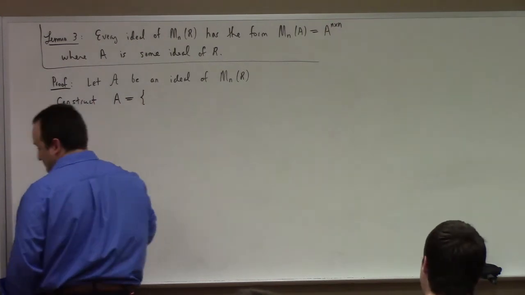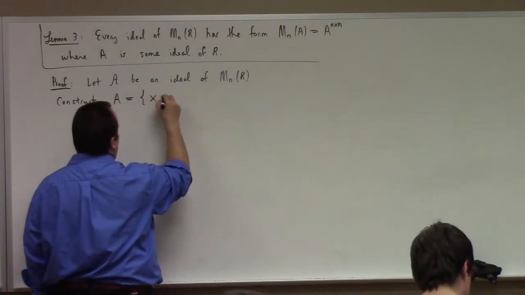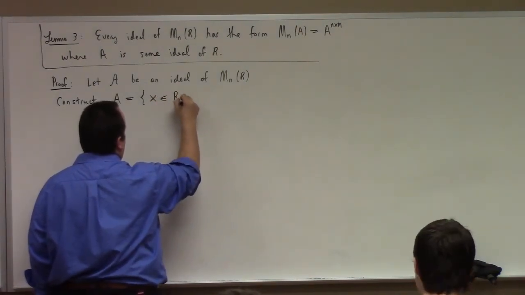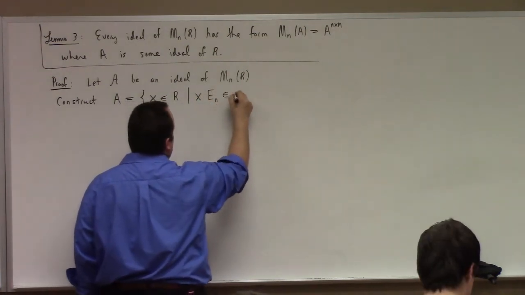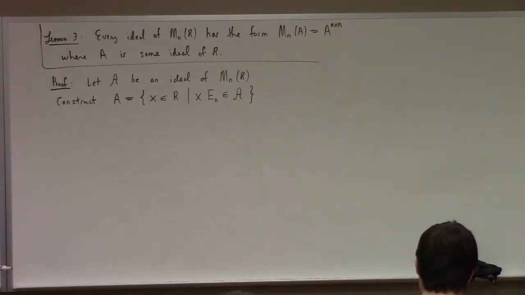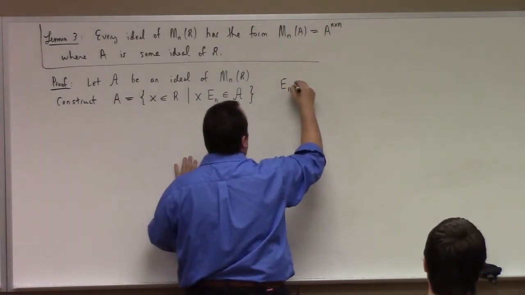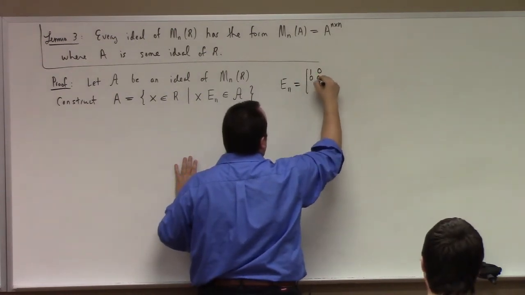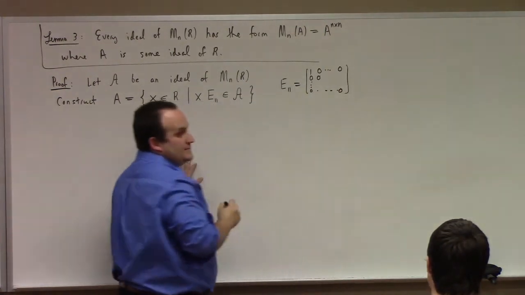It's going to be equal to the set of x in the ring, I'm going to use x because there are too many A's here, such that x times E11 is an element of script A. So this E11, I can use dot notation: it's 1, 0, 0, 0, dot dot dot, 0, and so on. Okay, that's always there to play with.